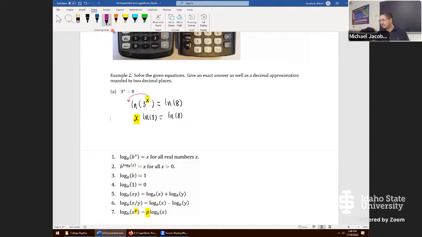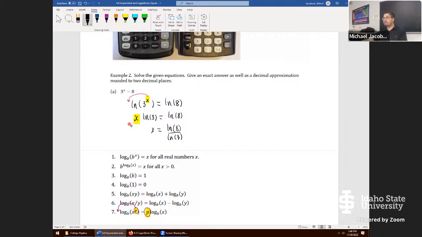Okay, so again, the idea, whatever is here comes down as an exponent, and that's where it's going to emerge. Once we've done that operation, all we need to do is divide by natural log 3. Our work is done. X is going to be equal to natural log 8 divided by natural log 3.